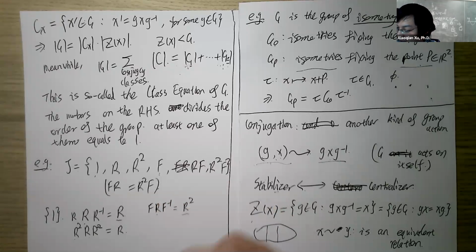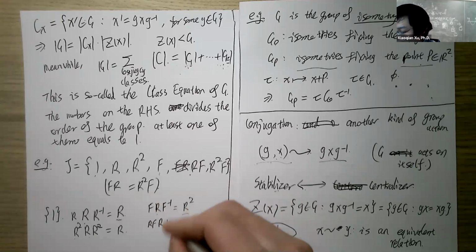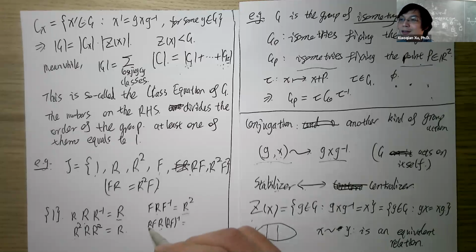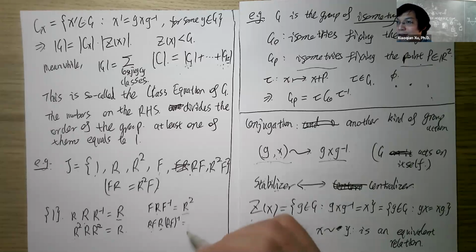Then what else? We need to check RF. RFR, RF inverse. What does it give us? Well, we need some computation. First, RF times R gives you R square F. So R square and R cancel, because R cube equals identity. So RFR equals F. Then F times RF inverse; RF inverse is F inverse R inverse.